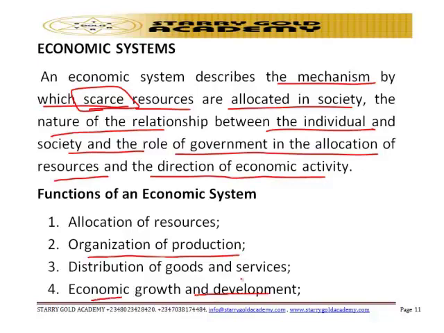Where a system has successfully used a good economic system, it can result in the growth and development of such an economy. You could expect an increase in gross domestic product, in the level of employment, and in how resources are managed between individuals, government, firms and organizations. So a good economic system would facilitate economic growth and development.